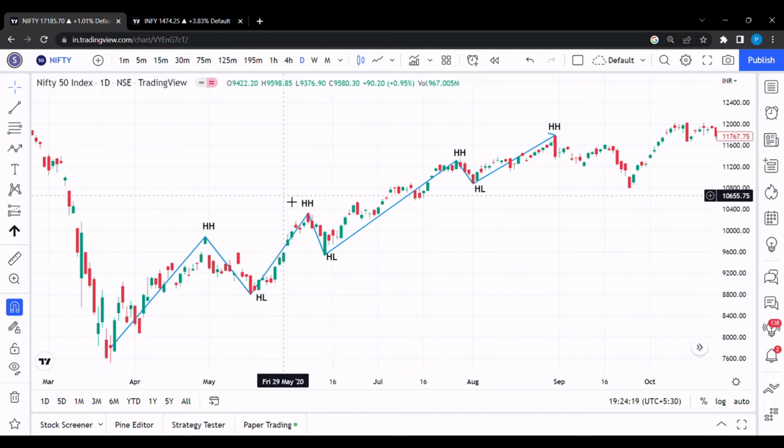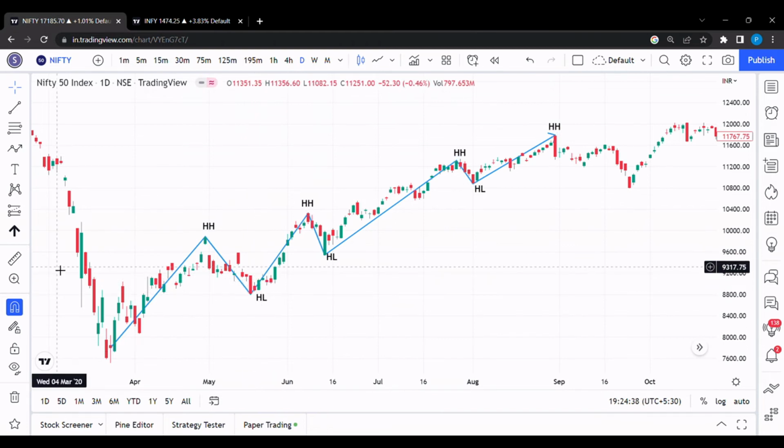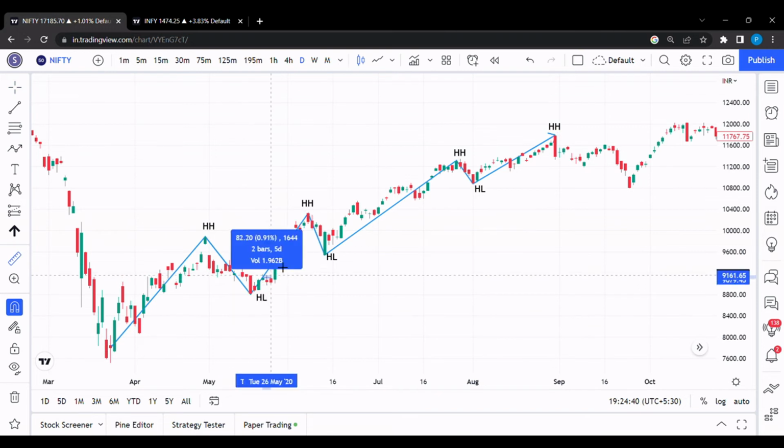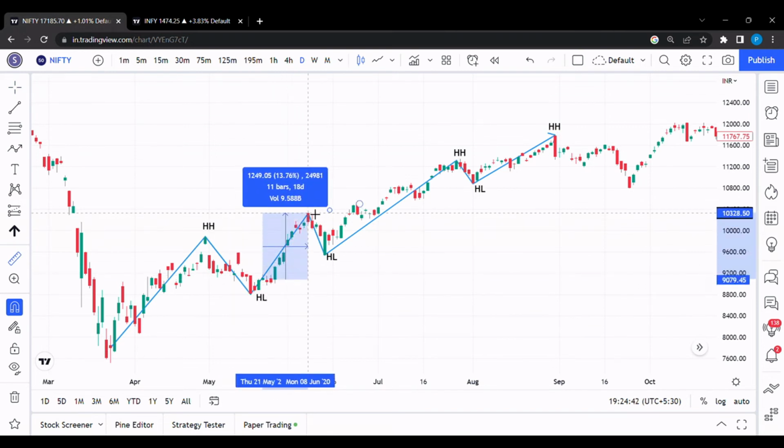So how to make money in this trending market? If we go for the simplest approach, the approach is to buy the higher lows. Whenever a stock is making a higher low and it is going up after that, for example, after this candle, if you take the entry and hold it till the higher high, you will have 13%, but nobody knows when it will make the higher high.